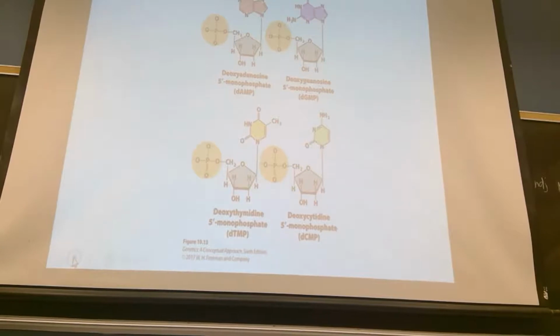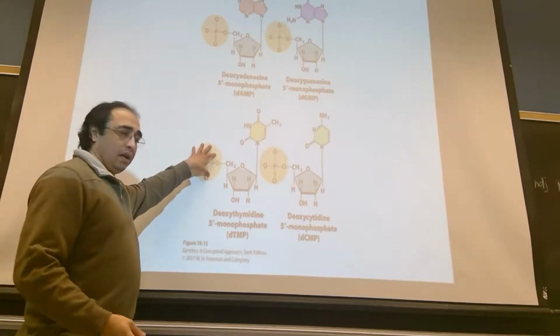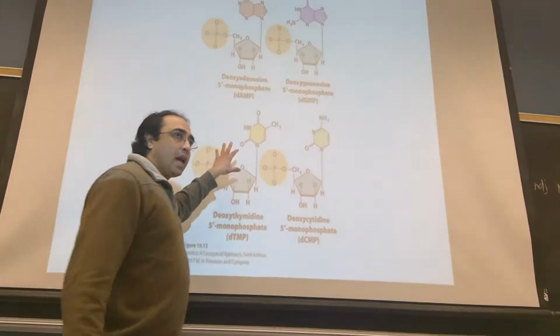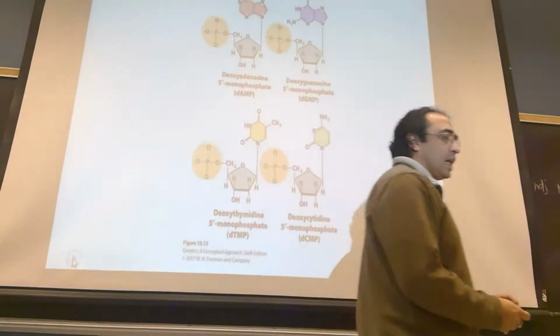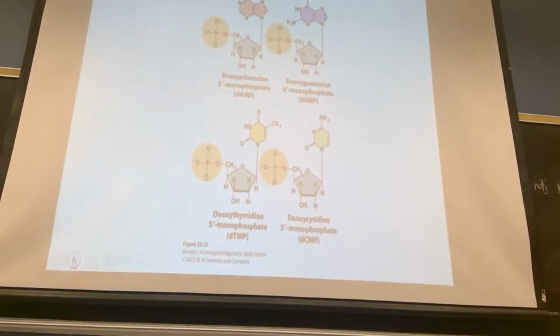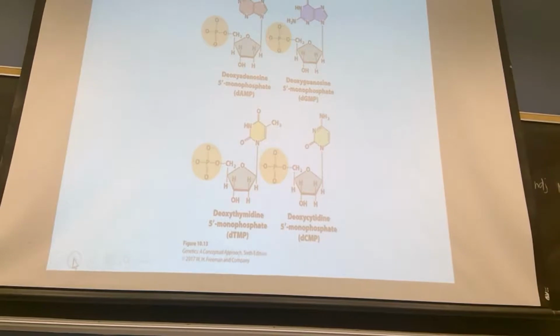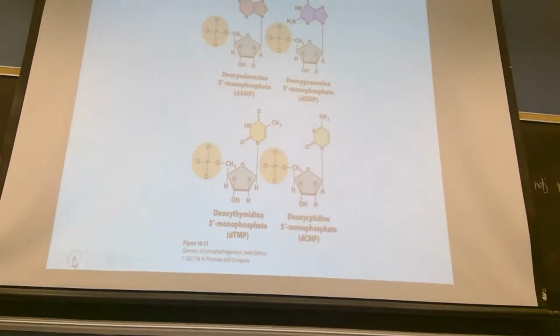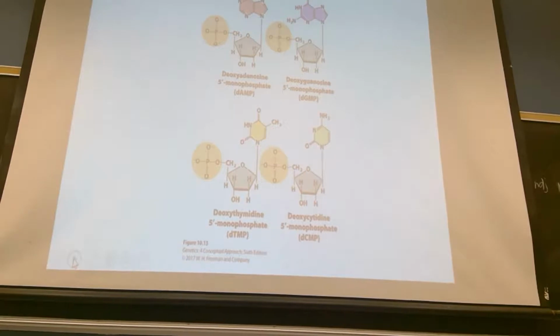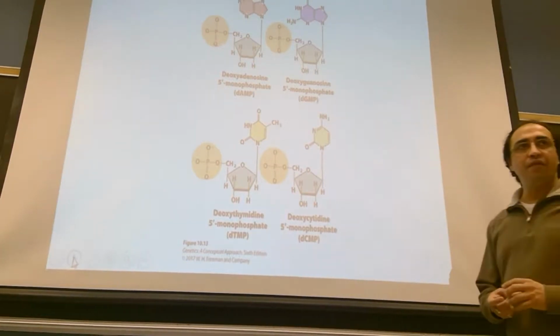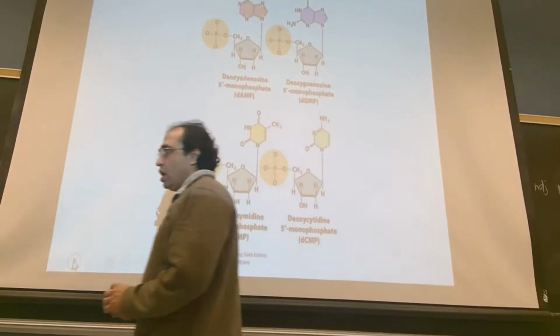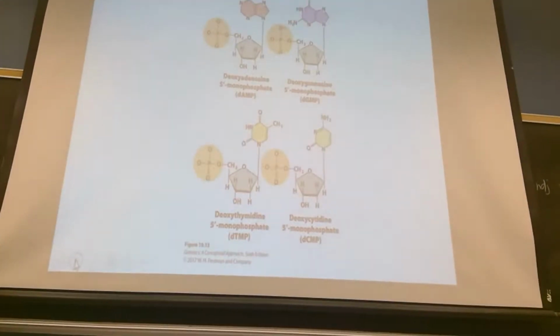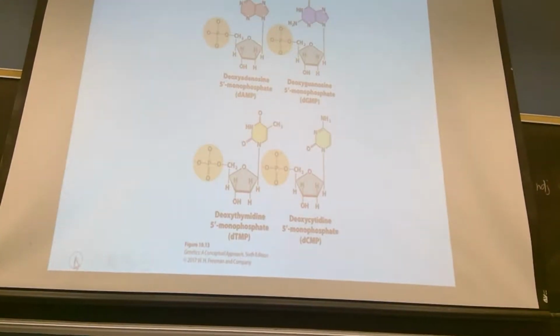Now, they contain the phosphate group here also. When they contain one phosphate, that is called the monophosphate condition. Generally, when they are free in cytosol, they have three phosphate groups. That's why they are called the triphosphate condition. So adenine with one phosphate is called adenosine monophosphate.